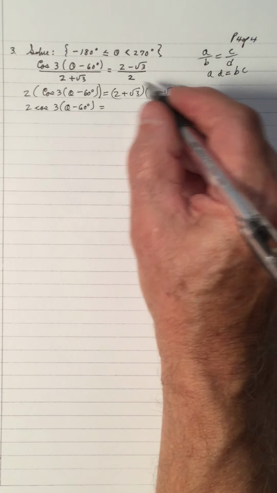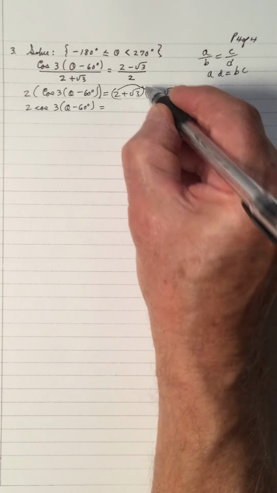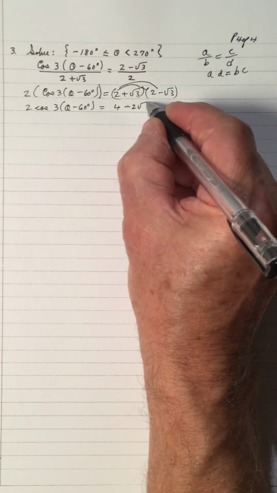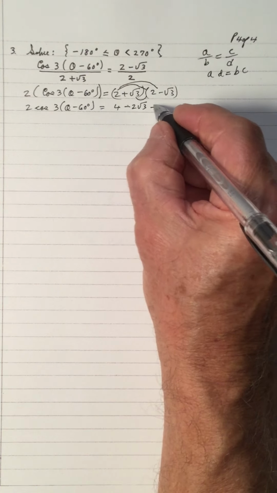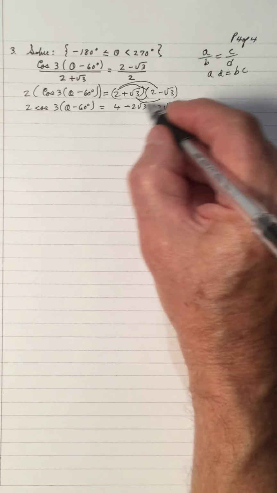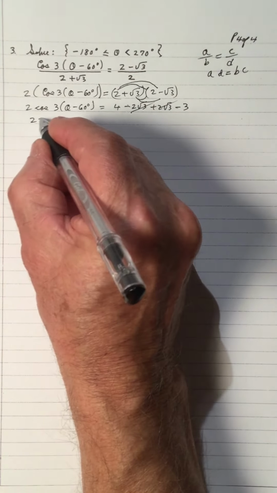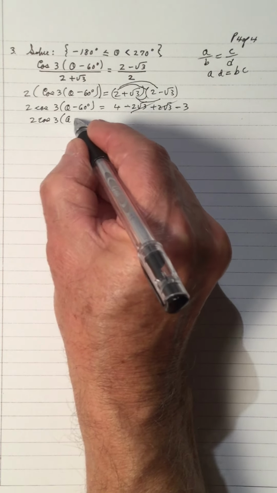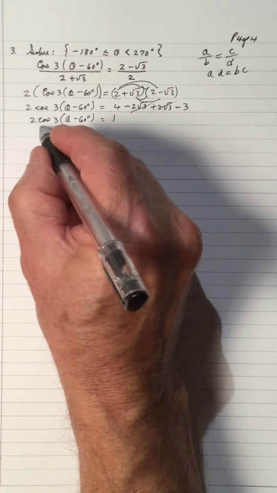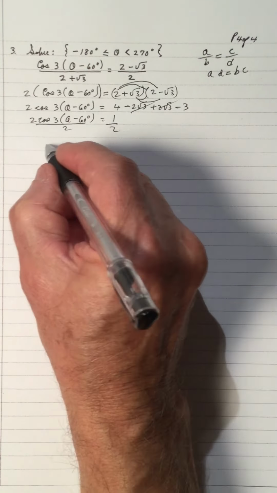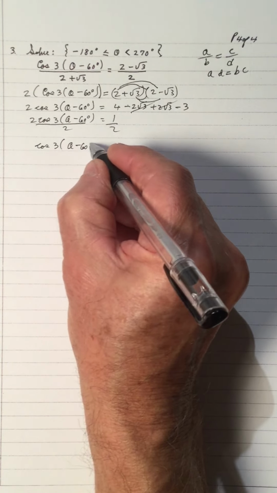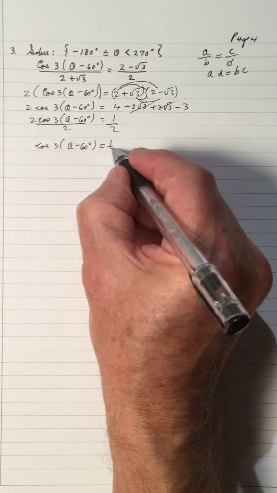And we have two binomials, so we do the FOIL first, outside, inside, last. They cancel out, and so that's 2 cos of 3 theta minus 60 equals 4 minus 3, which is 1, and we divide by 2, so we get cos of 3 theta minus 60 equals a half.